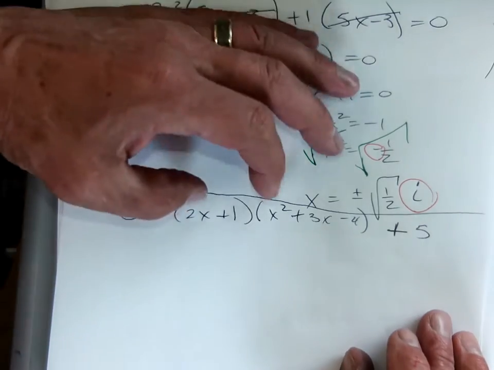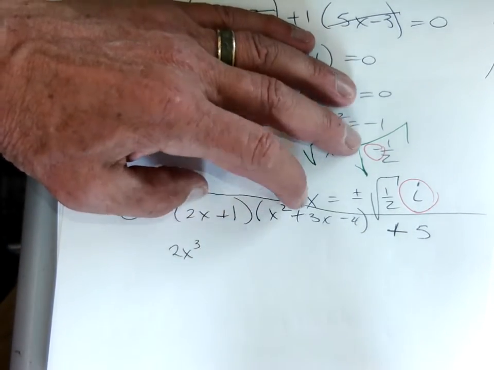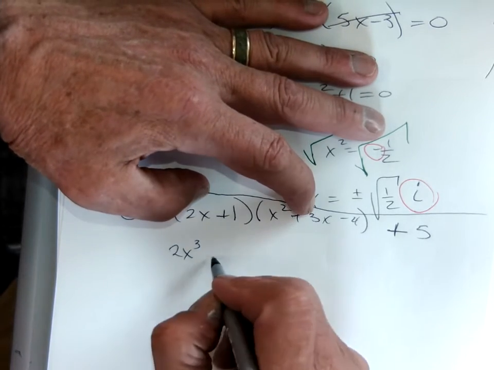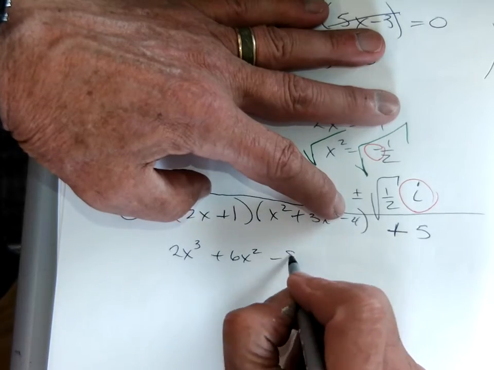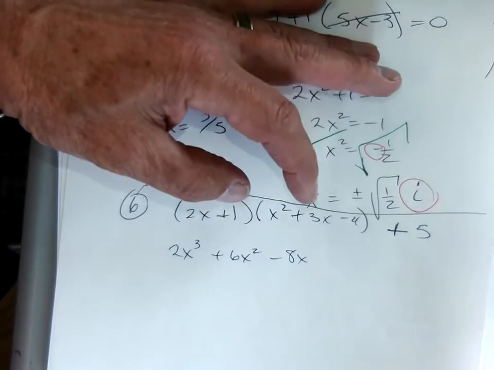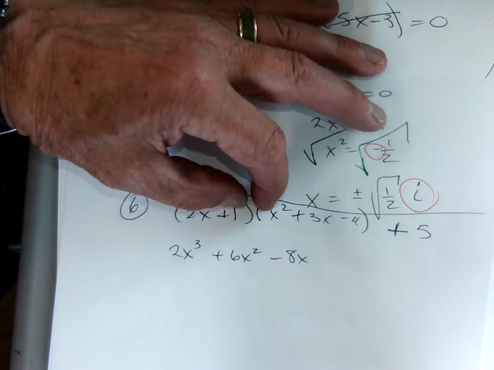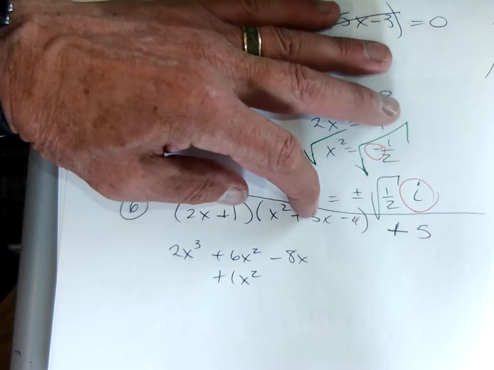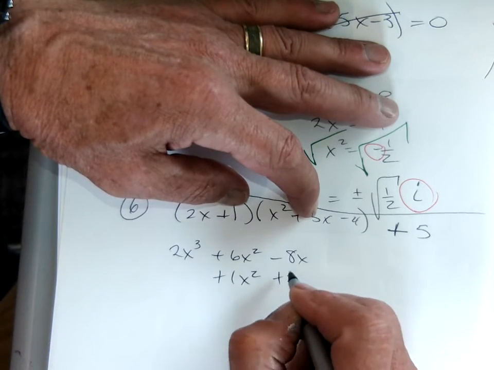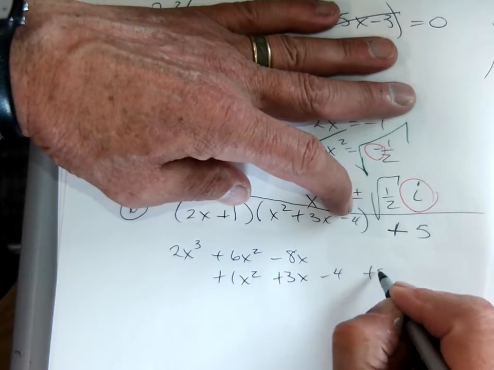We're going to multiply. 2x times x squared is 2x cubed. 2x times 3x is a positive 6x squared. 2x times negative 4 is a negative 8x. All right, now we'll do the 1. 1 times x squared is a 1x squared. I like to line them up, just makes it easier for me. 1 times 3x is a positive 3x. 1 times negative 4 is a negative 4. Bring down the plus 5.